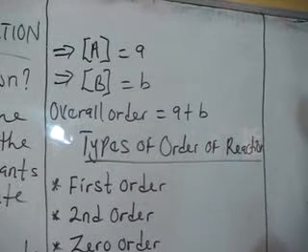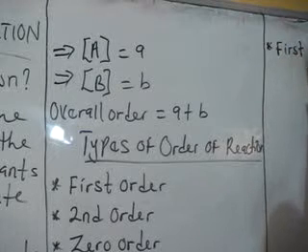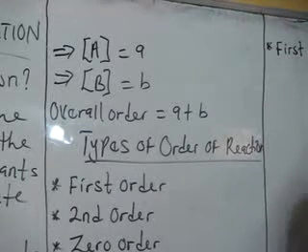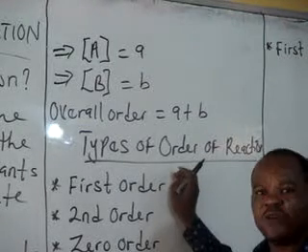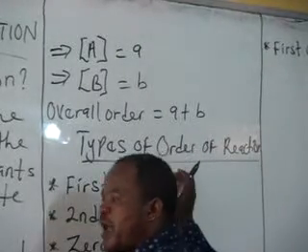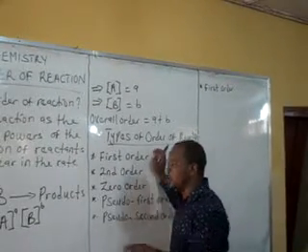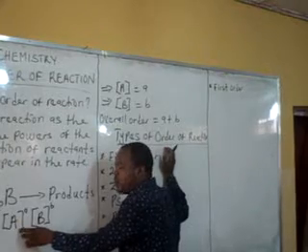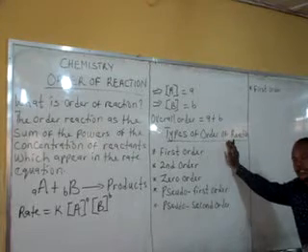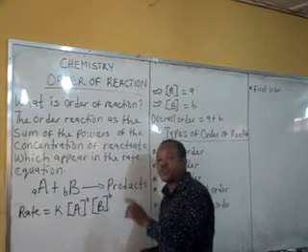Now let's pick the first one, which is first order. We can obtain a first order reaction when the rate of reaction is dependent on the power of the concentration of A. In such a case, we have what we call first order, when the rate of reaction depends on the concentration of the reactant.